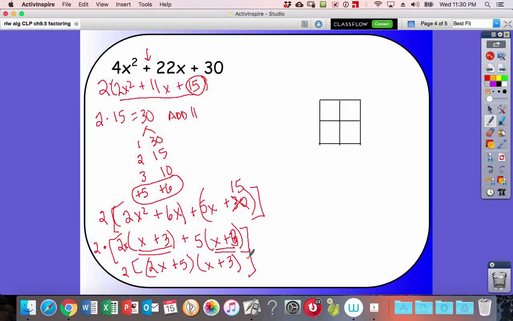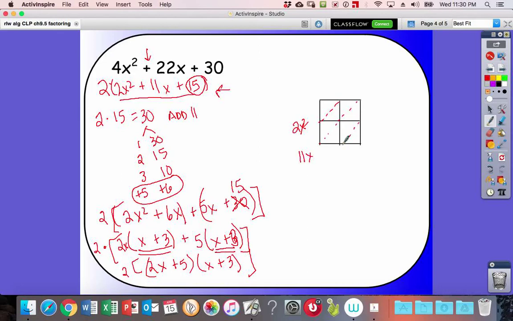There, I factored it. Okay, if I wanted to use the box up here, I'm just going to look at this part right here is what I'm factoring. I'm not going to worry about my 2. Okay, so if I put in these guys, I know I'm going to get a 2x squared. I know I'm going to combine terms, and I'm going to get an 11x.